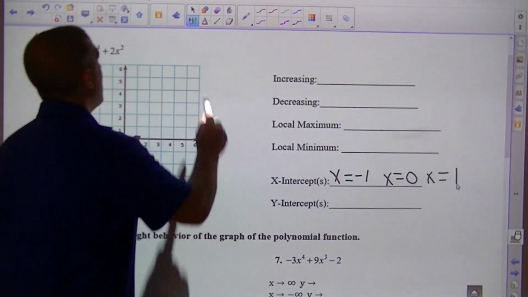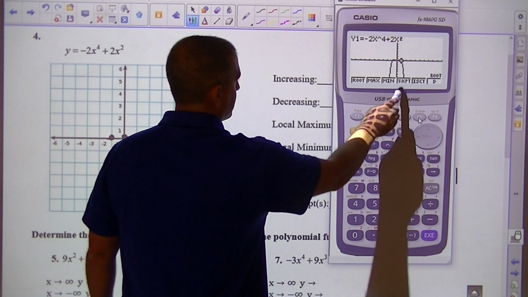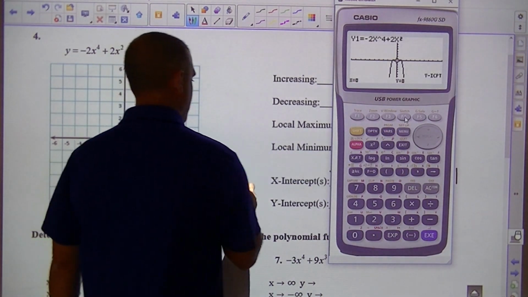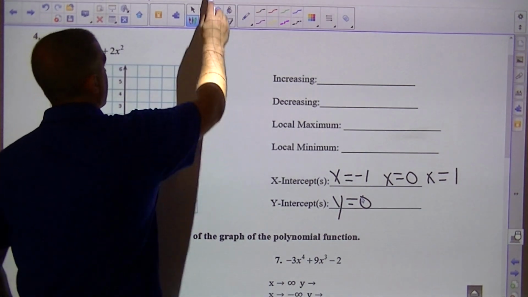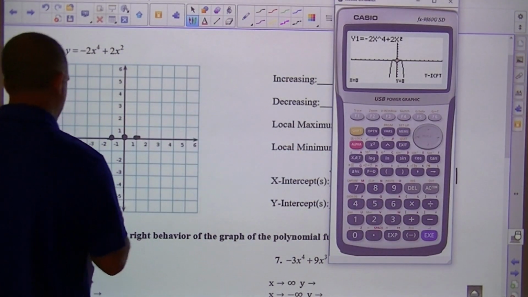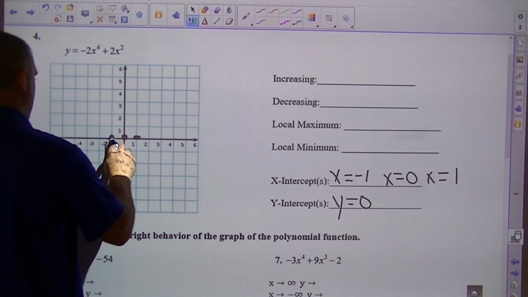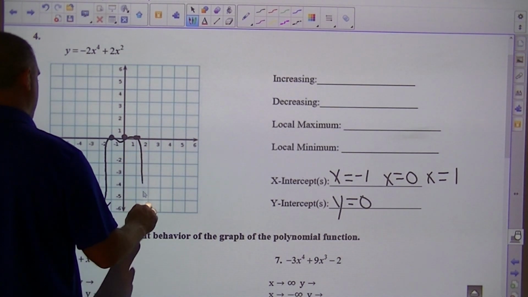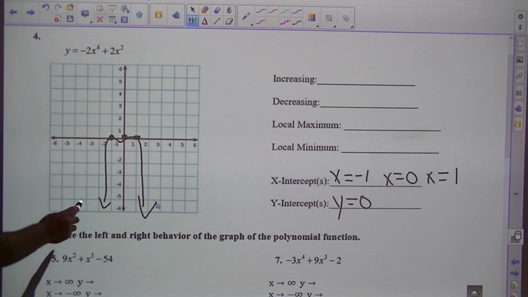Okay, let's find my y-intercept. G-solve y-intercept. That's 0, 0. Okay, which I have already. All right, so what my graph looks like. Something like this. Okay, let's label our arrows.